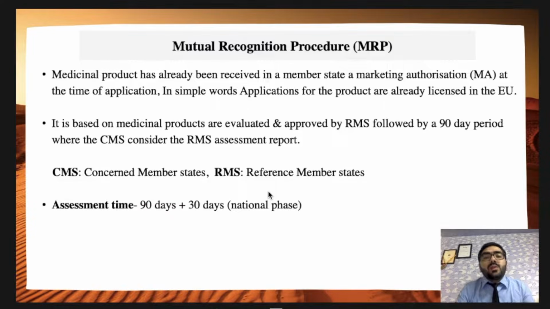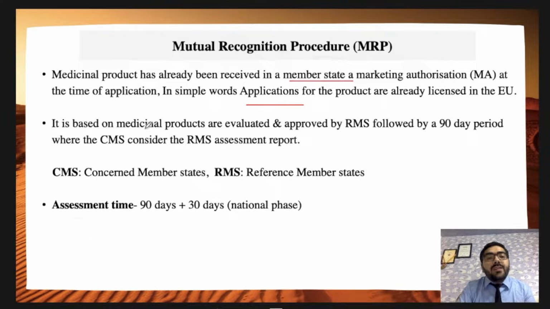So what is mutual recognition procedure? The medicinal product has already received a marketing authorization in a member state at the time of application. In simple words, it is an application for products that are already licensed in Europe. When the product is already approved in Europe in a different state, only then will MRP be considered.